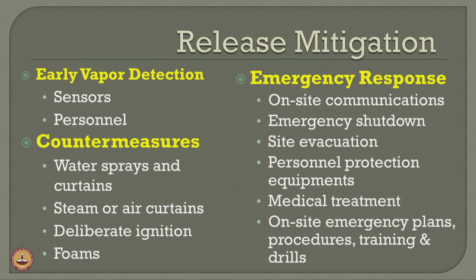It is very important that one should plan for on-site emergency plans, procedures, and impart good training, and conduct periodic emergency drills for people working in the plant for efficient implementation of mitigation procedures in a given industry. All these points which have been discussed in these two slides become mandatory and very important under the guidelines of the Oil Industry Safety Directorate, which is practiced very stringently in oil and gas industries.